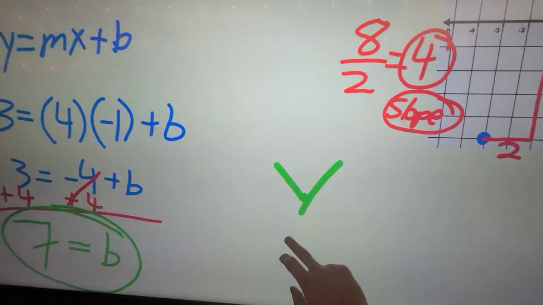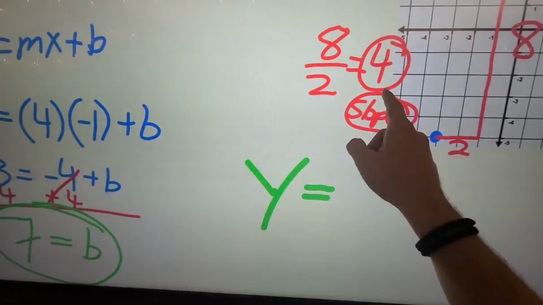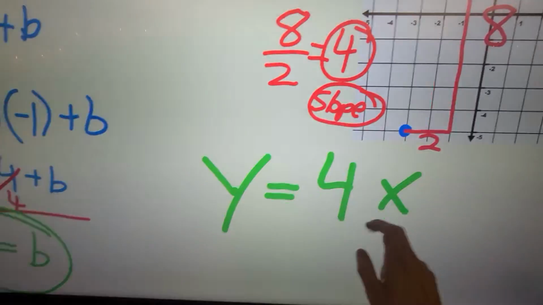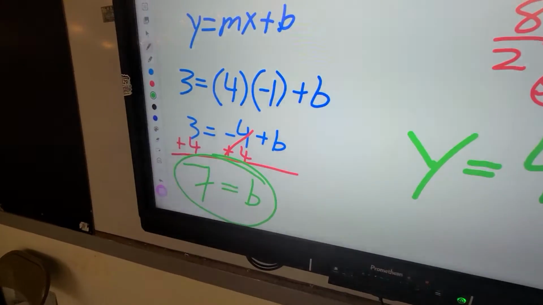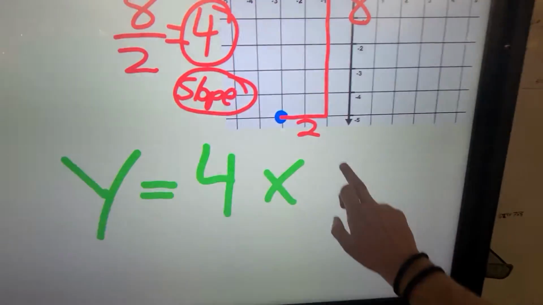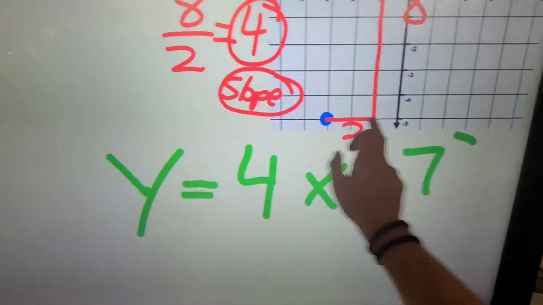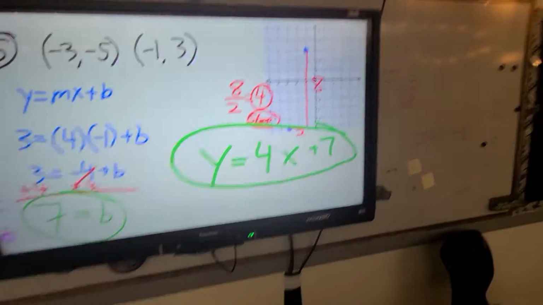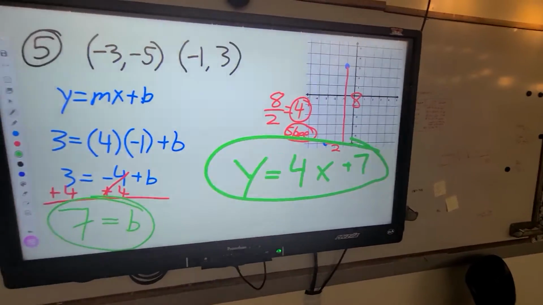I have y equals my m, which is my slope of 4, x, and then plus 7, because it is a positive 7. That's it. That is the entire process for solving these types of problems.